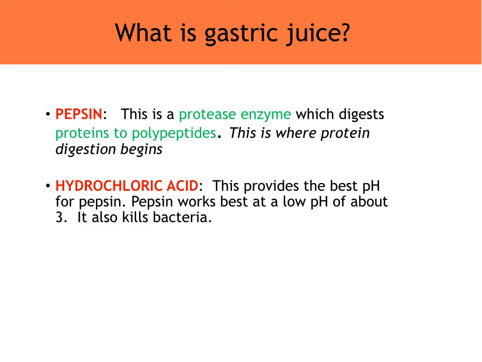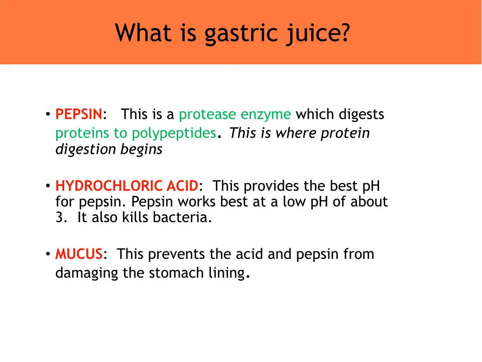Hydrochloric acid provides the best pH for pepsin to work. Pepsin works best at a low, acidic pH of about 3. Hydrochloric acid also kills bacteria. And then you've also got mucus surrounding the stomach, and this prevents the acid and pepsin from damaging the stomach lining.